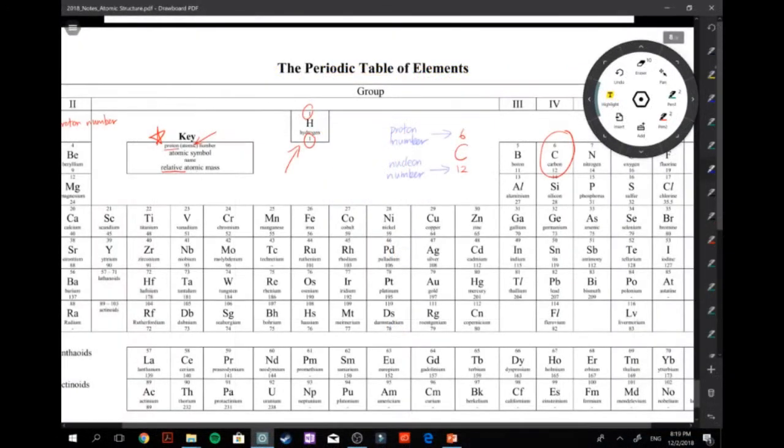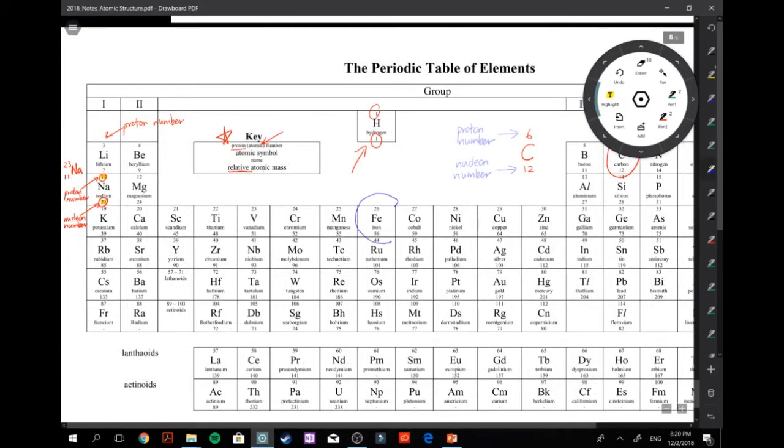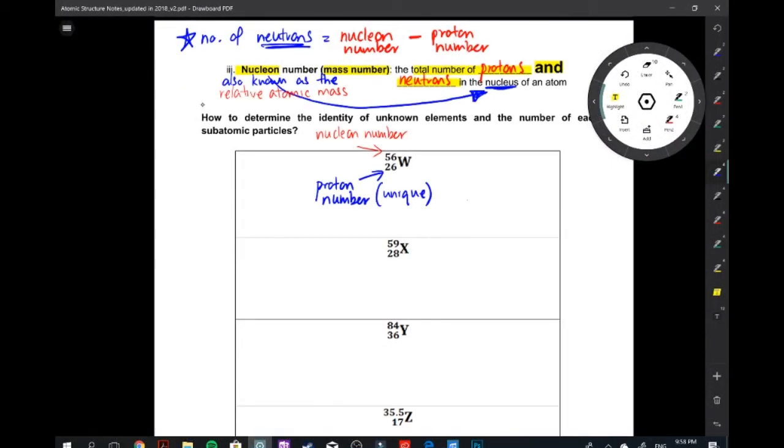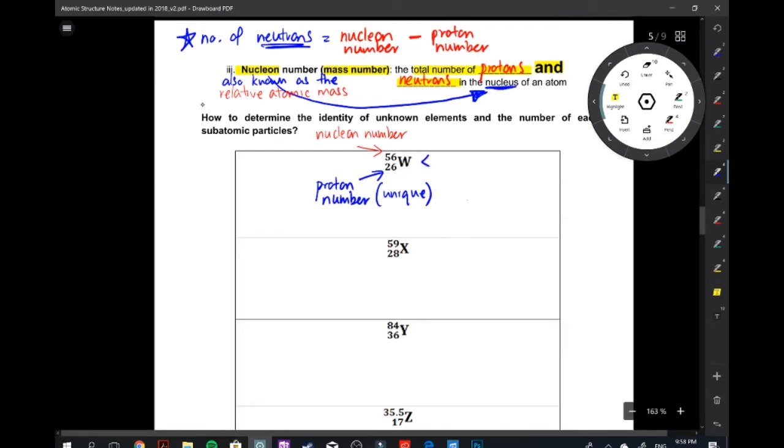If you go and take a look at the periodic table itself, and you scan through the entire periodic table for the number of protons that you see over here, 5, 6, 7, 8, 9, and you end up finding 26, and you realize that it's actually referencing to this element, which is iron, represented by the symbol of Fe. So the unknown that you're seeing here is actually the chemical symbol for iron. So this will be the same thing as writing 56, 26, Fe.